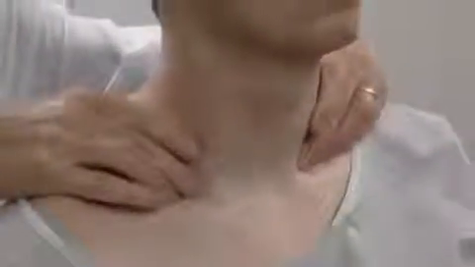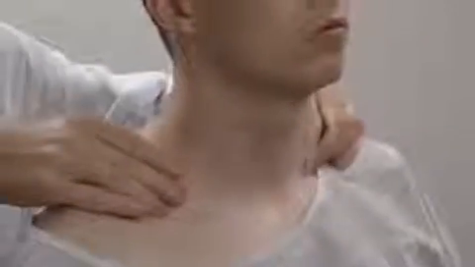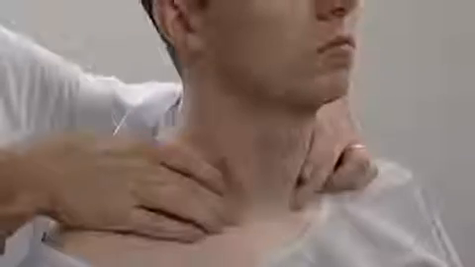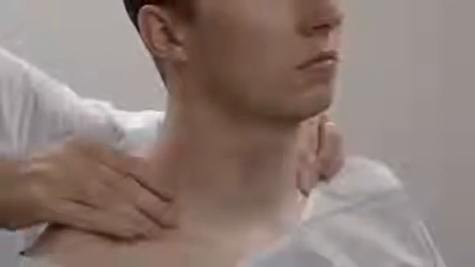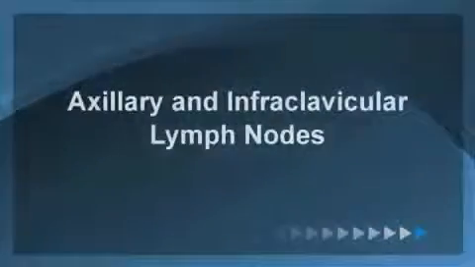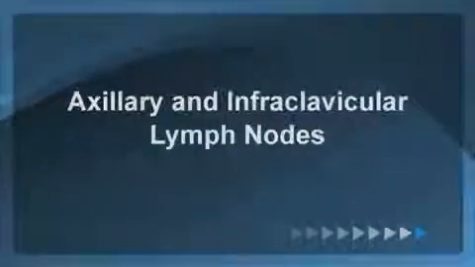And lastly, the supraclavicular fossa on both sides, extending out laterally from the heads of the sternocleidomastoid. Good. And that completes the examination of the lymph node beds in the head and neck. Next, we'll move on to examination of the lymph node beds in the chest.